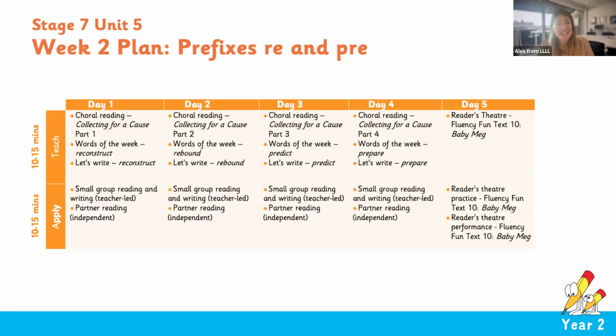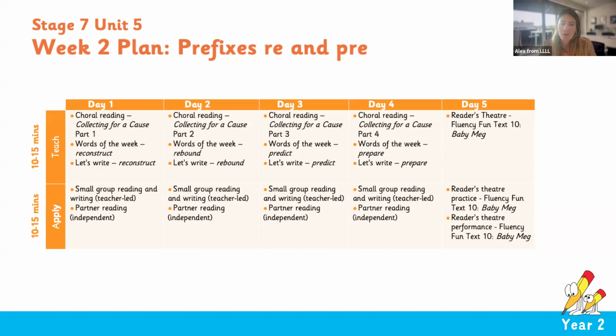So the second part looks like this, and that's where we're really going to focus in on our reading fluency skills and our vocabulary and comprehension knowledge. So that second part is going to include whole class teaching, which will be your choral reading, which will run just like it did in the Stage 7 review unit, a 4-part text across the week with some comprehension questions to discuss.